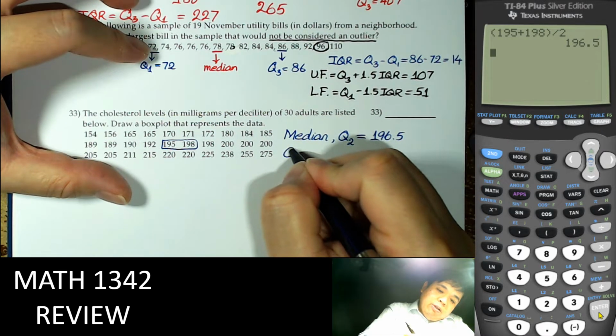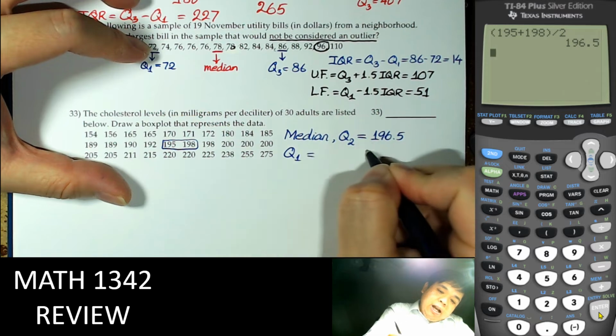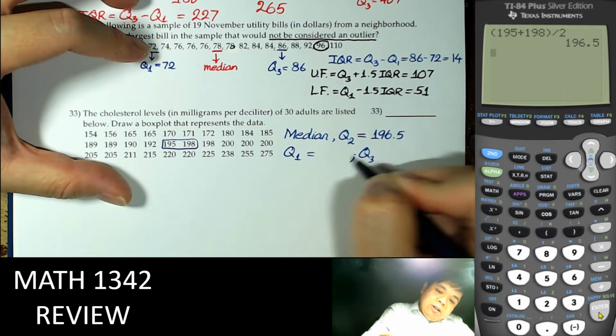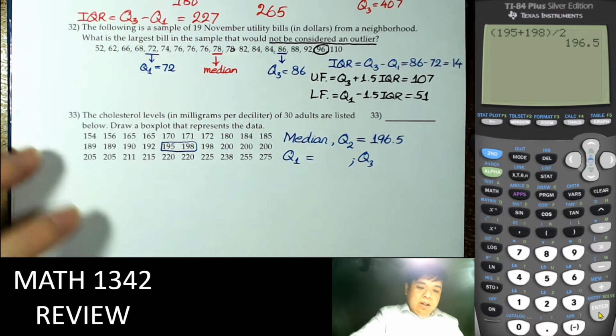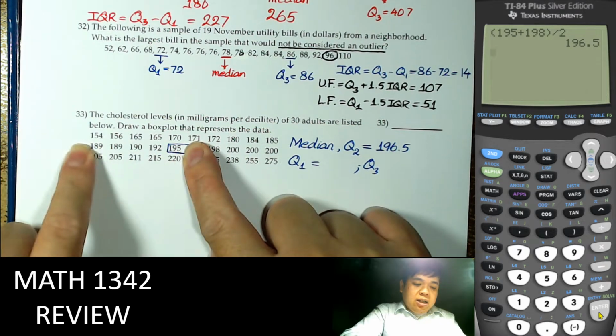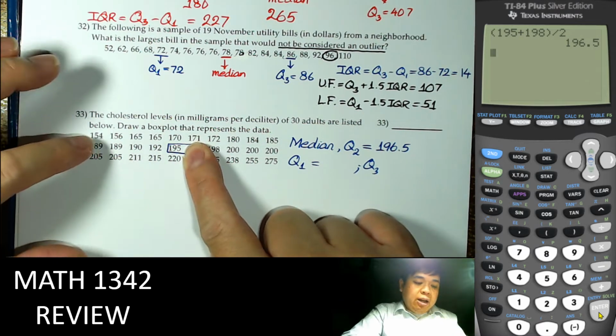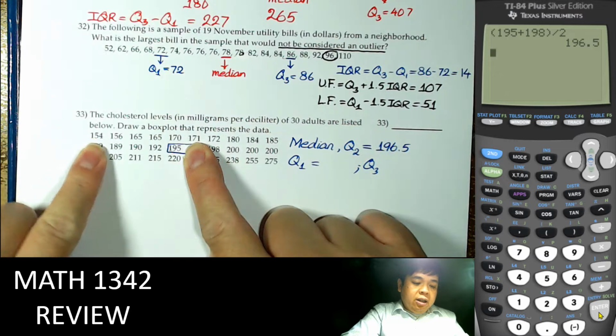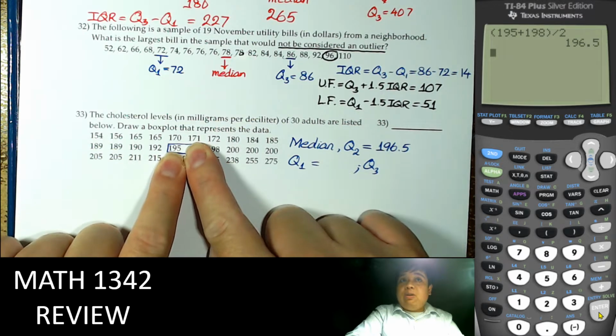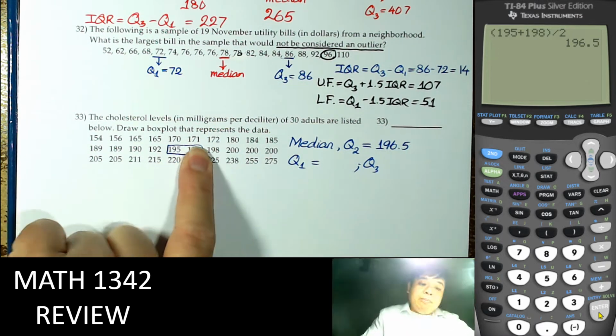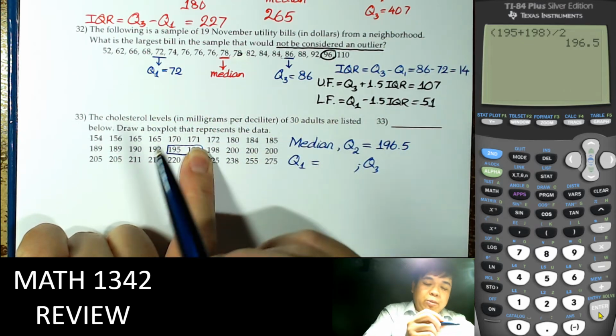And then we find the first quartile and the third quartile. The first quartile is from the lower half, and there will be 10, 12, 14, and 15, so therefore 15 of them. So the 8th will be right in the middle.